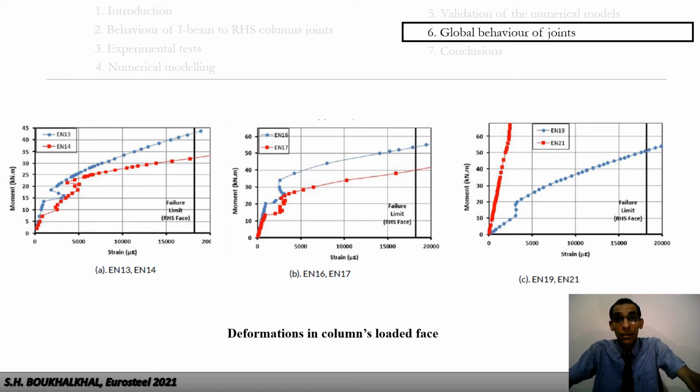The column face of the numerical model EN19 attains the failure phase when the moment reaches a value of 50 kN/meters. On the other hand, failure in the EN21 model occurs by the stud failure due to its considerable thickness.